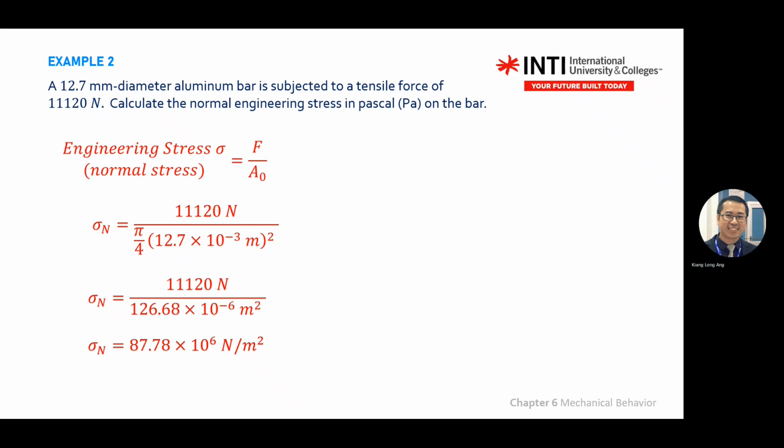What is the area of a round shape? Pi r square, or pi d square over 4. Correct. Your r equals d divided by 2, right? So that's why the answer there you see pi divided by 4. Of course, you can directly calculate pi r square. You need to divide the diameter into half, 6.35, if you use pi r squared.